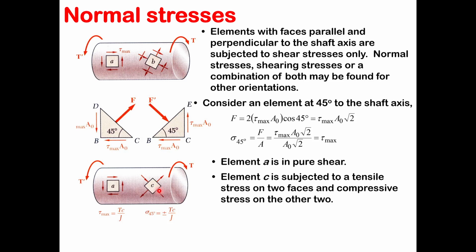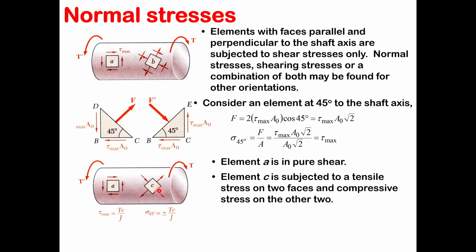Okay. So what can we conclude from this analysis, right? You're going to have your maximum normal stress at a 45 degree angle and your maximum shear stress at 0 or 90 degrees, right?